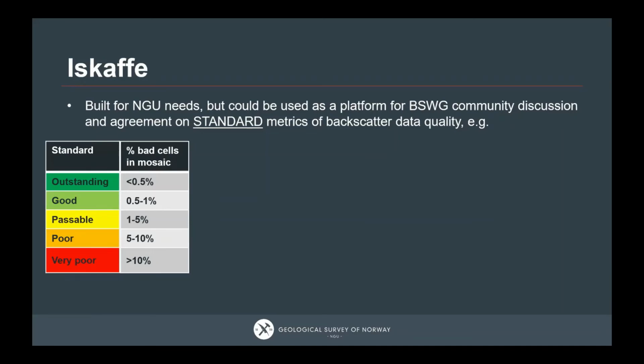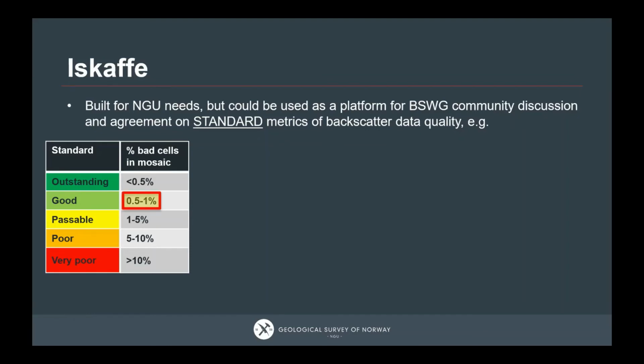The following is completely hypothetical, of how we could use this to get together and build some standard of quality. You can have some metrics and give them a rating of the quality of the backscatter with respect to that metric.